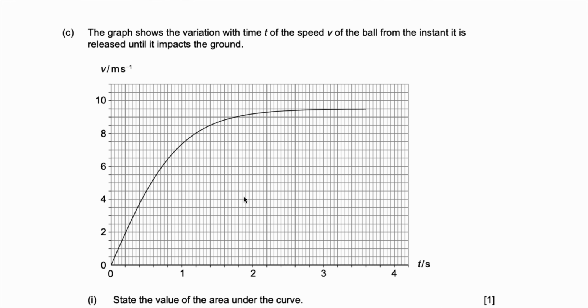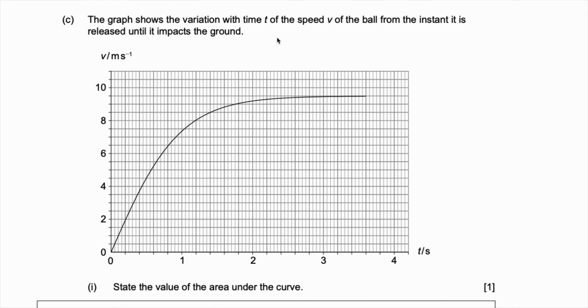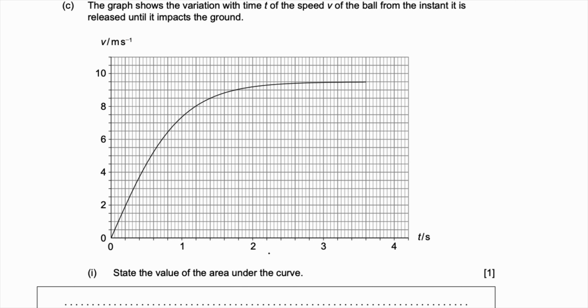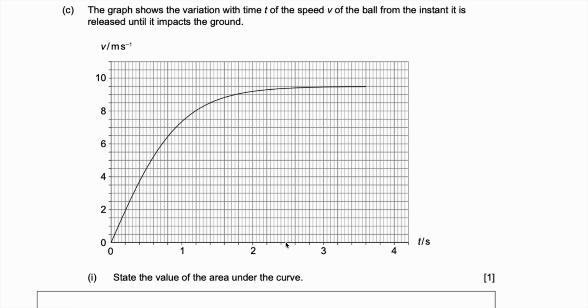Okay, the graph shows the variation with time t of the speed v of the ball from the instant that it is released until it impacts the ground. State the value of the area under the curve. Okay, now we know, although calculus isn't in the physics syllabus, that the area under a velocity-time curve is displacement. The integral of a velocity-time graph will give you displacement.